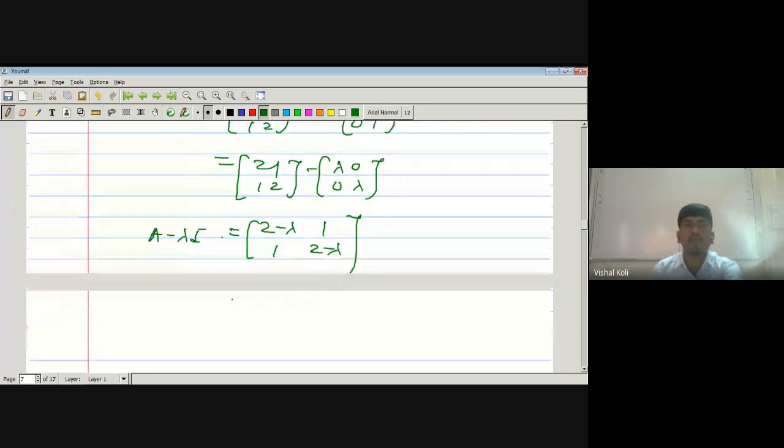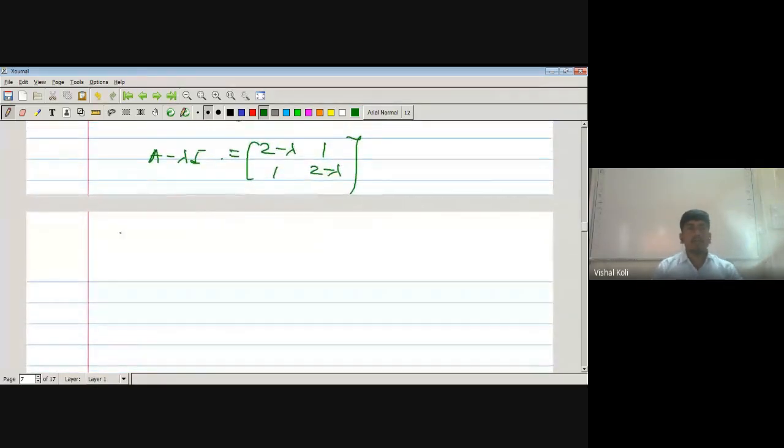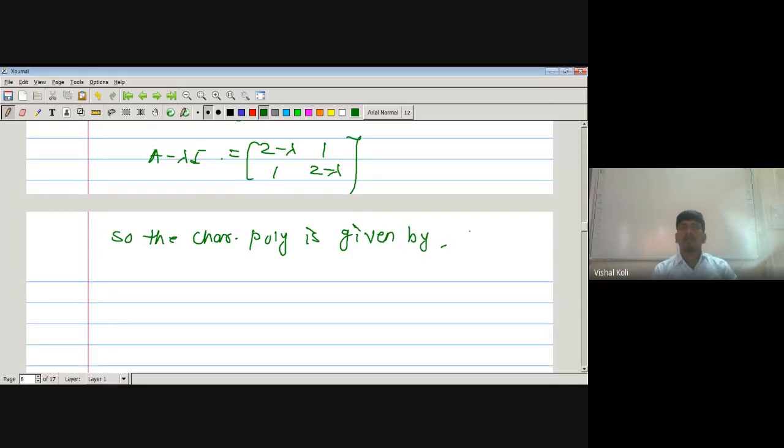Now we have to find its characteristic polynomial. The determinant of A minus lambda I is the characteristic polynomial of degree n in lambda.